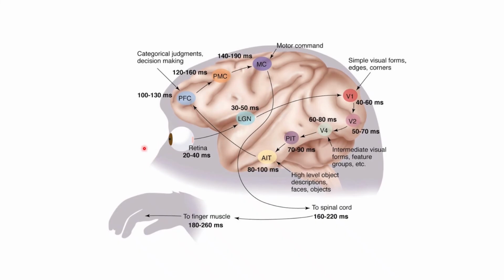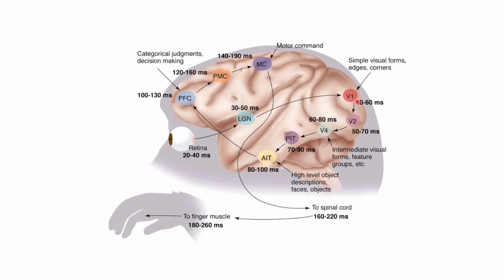The light from the cup falls on my eye, on my retina, and the processing within the retina can take 20 to 40 milliseconds. Then the signal from the retina goes to the thalamus, a part of the thalamus called the lateral geniculate nucleus, LGN. Then the signal goes to the back of the brain, the visual cortex, where the signal is first processed in V1.